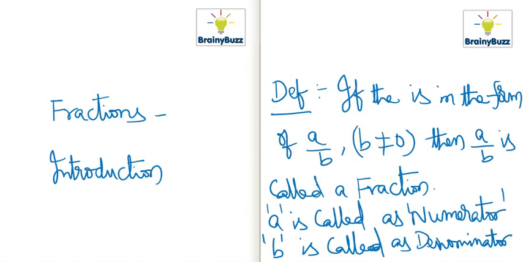Numerator and denominator. Once again, if the number is in the form of a by b, where b is not equal to 0, then a by b is called a fraction. Here a is called the numerator and b is called the denominator.